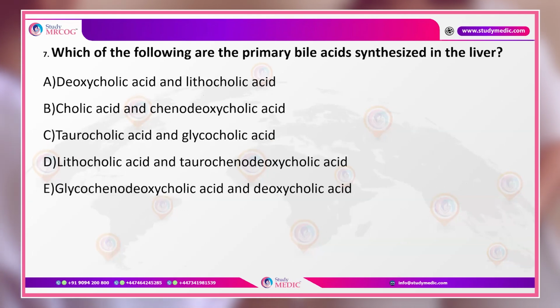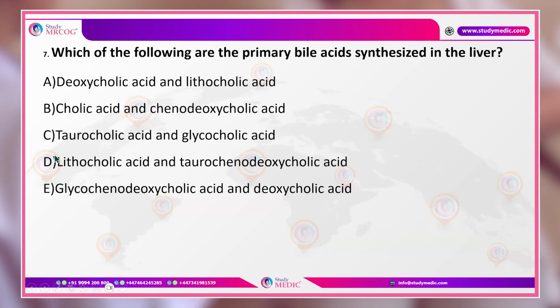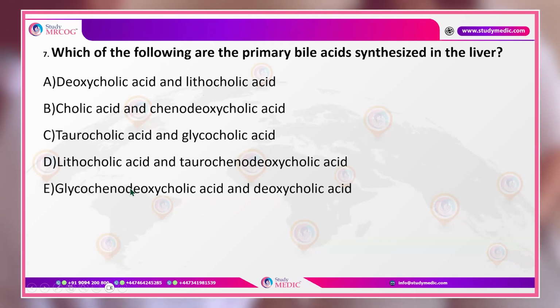Which of the following are the primary bile acids synthesized? Okay, so the options are deoxycholic acid and lithocholic acid; cholic acid, chenodeoxycholic acid, taurocholic acid, glycocholic acid, lithocholic acid; taurochenodeoxycholic acid, glycochenodeoxycholic acid, and deoxycholic acid.